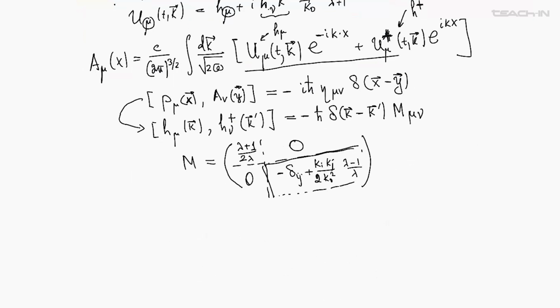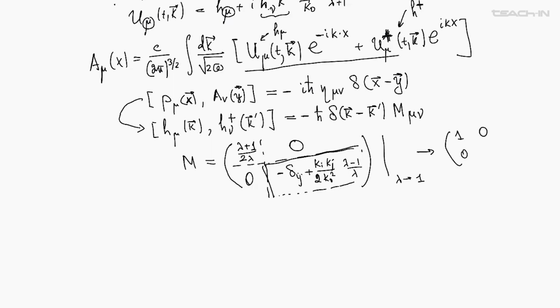Actually, you see that for the case of lambda equal to 1, it's interesting, right? Here the first component simply becomes 1. So the matrix becomes 1, 0, 0, and for lambda equal to 1 the term depending on k disappears.